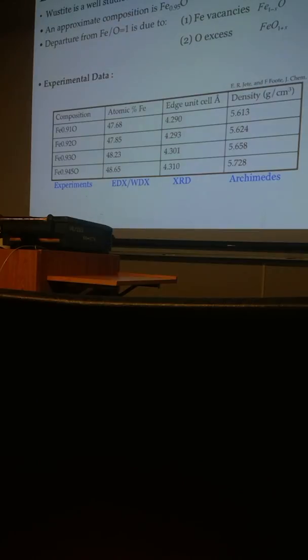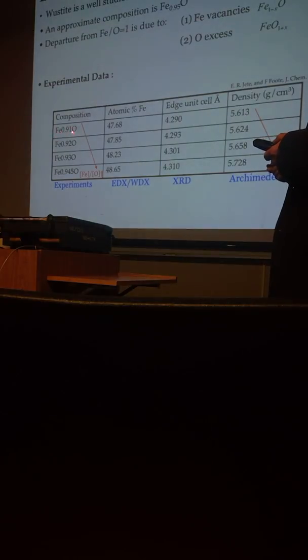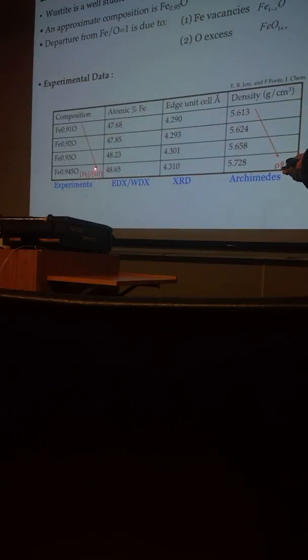To do so, people did a variety of experiments, showing this kind of database. They made several compounds and measured the stoichiometry by experiment, like you can use EDX these days, and then you are able to find the iron to oxygen atomic ratios relatively precisely.